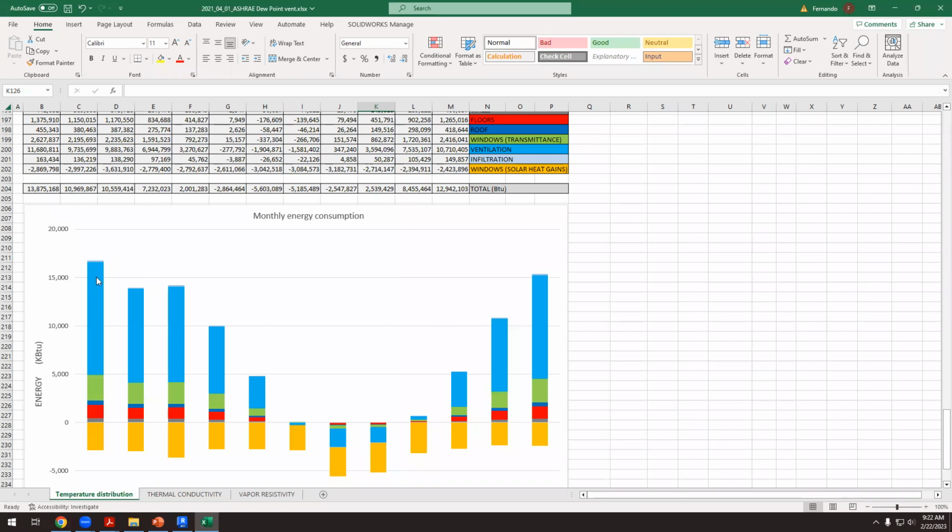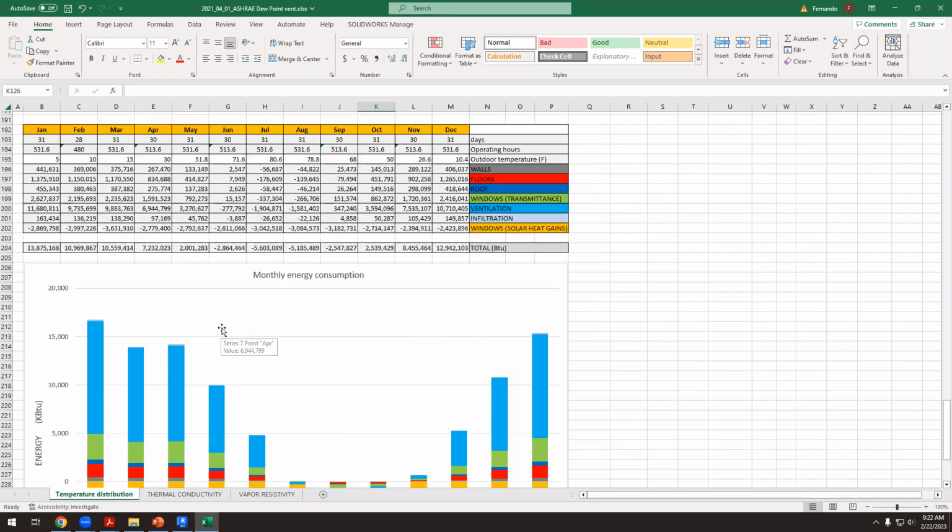So in this case, what we have considered is the time. And the time depends on the number of days and the number of hours that we have. In January, we have 31 days, in February, 28, or 29 sometimes, then 31, 30, 31. And these are the operating hours.